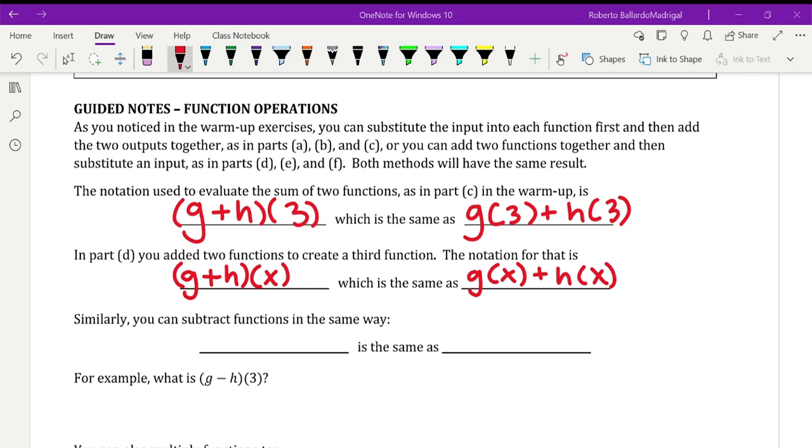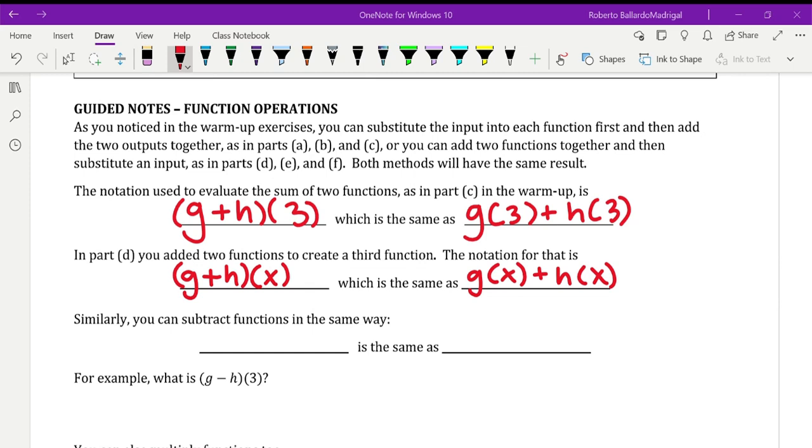So essentially, when we add two functions, you can write it two separate ways. You can do it as adding the functions first and then solving for an input, or you can write it as solving each function independently and adding the outputs. They are the same thing.